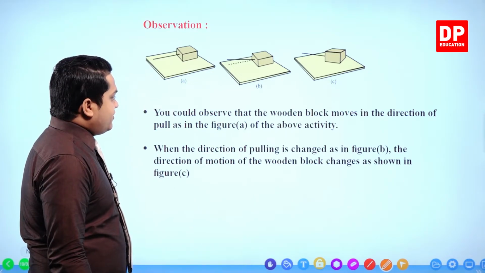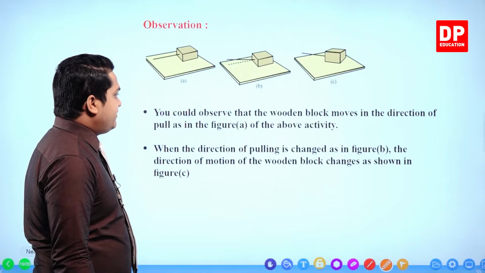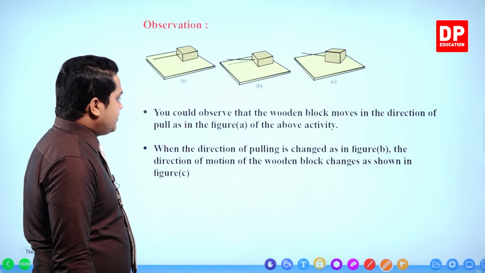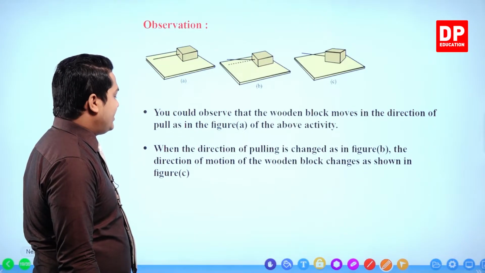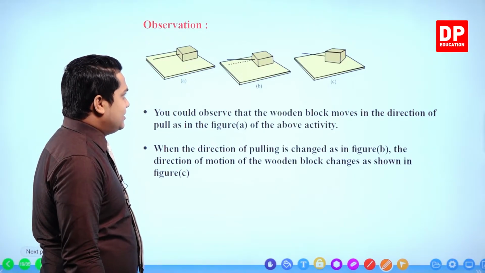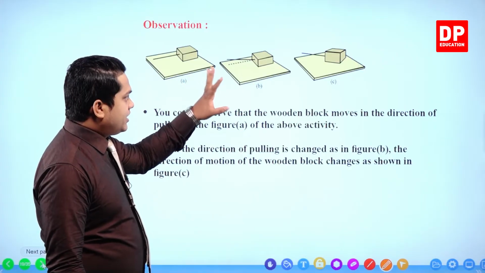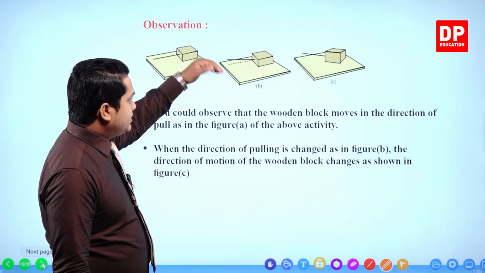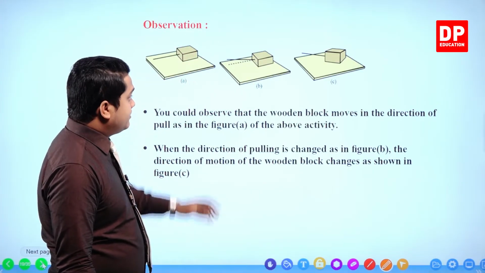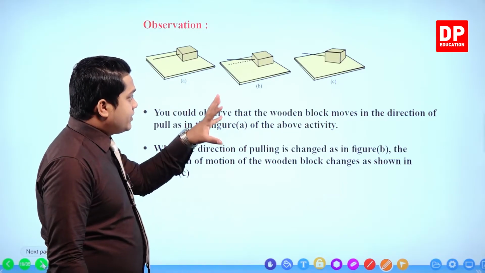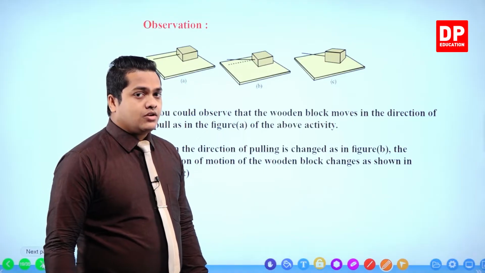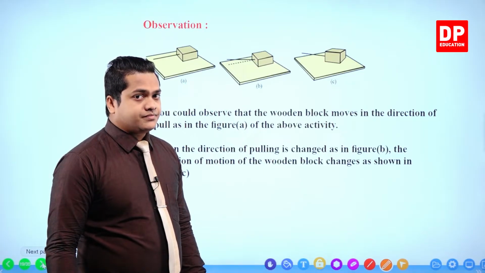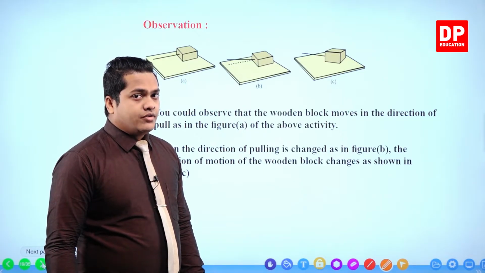When the direction of pulling is changed as in figure B, the direction of motion of the wooden block changes as shown in figure C. So when I take it to a different location, you can see that the direction of motion changes, according to figure C.